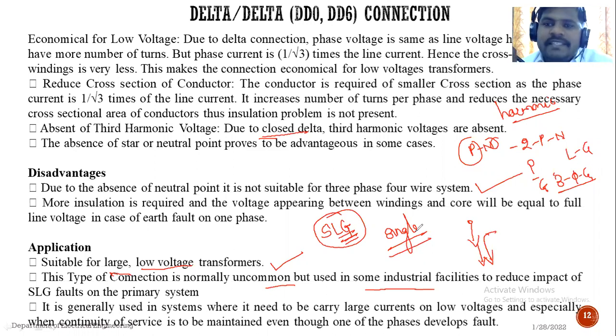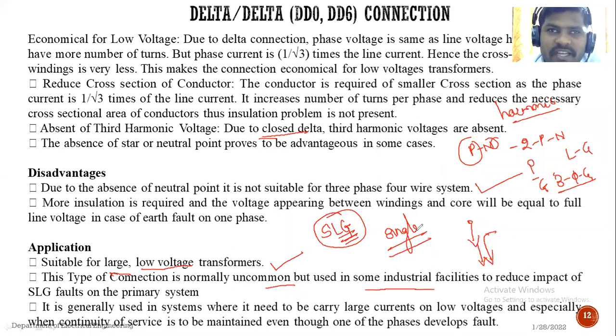The continuity of supply must be maintained. If any one of the windings develops a fault, the supply should not be totally interrupted. So if any such condition happens, supply continuity will remain.